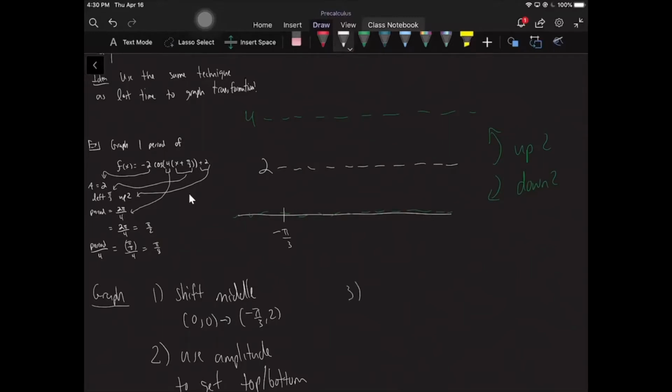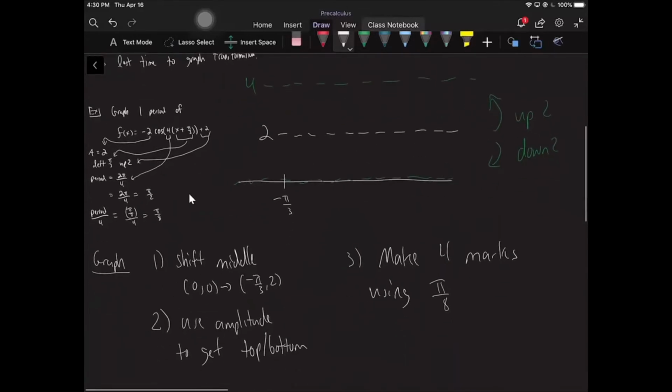And then the next step is to make the next marks using the fact that every fourth of the way to the end of the period is either at the top, the middle, or the bottom of the graph. And that fourth we found was pi over 8. So I have to take my beginning and add pi over 8 to it.